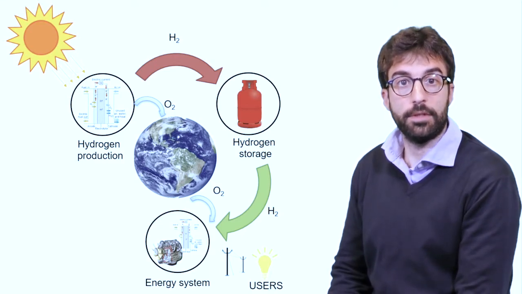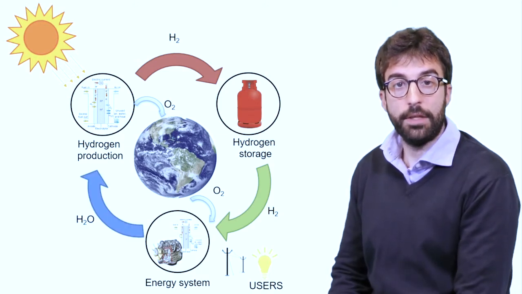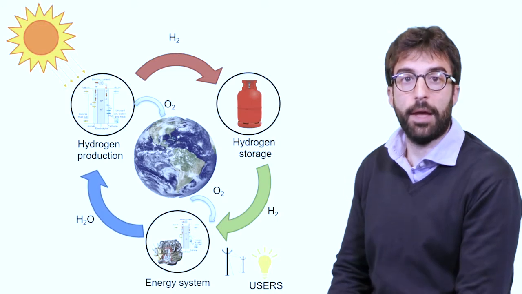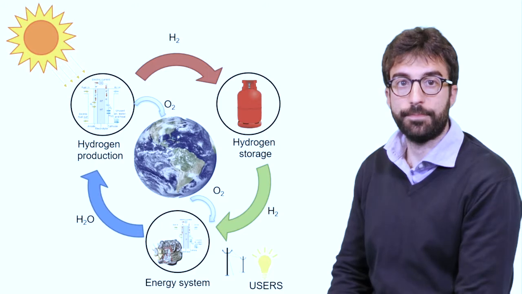The output of this system is water or steam that can be released in the atmosphere and used to feed back any electrochemical device to produce hydrogen and oxygen.